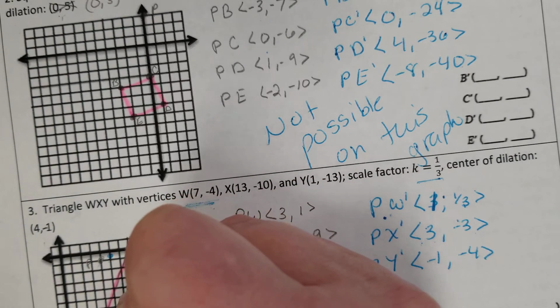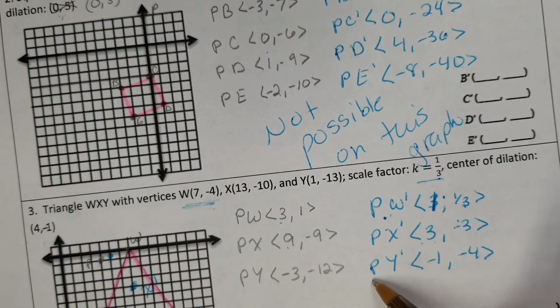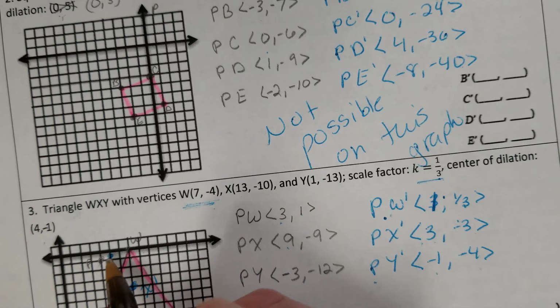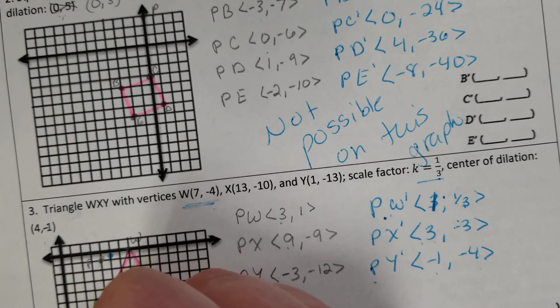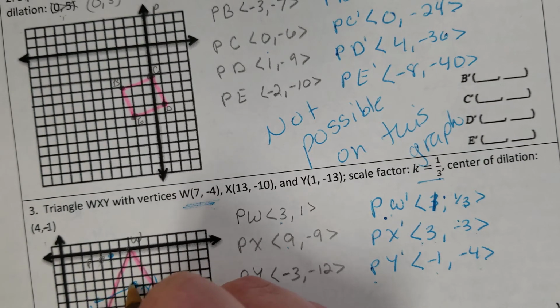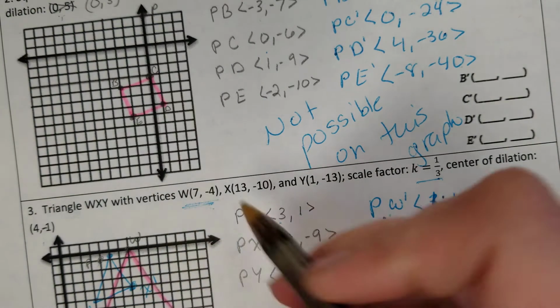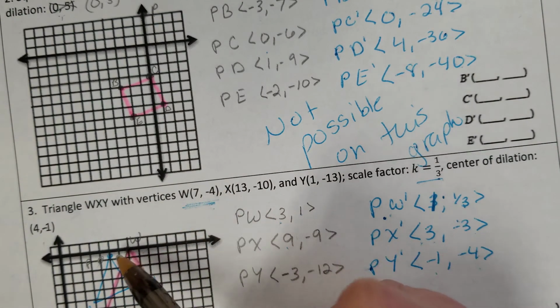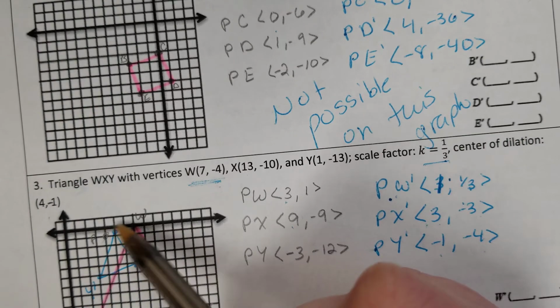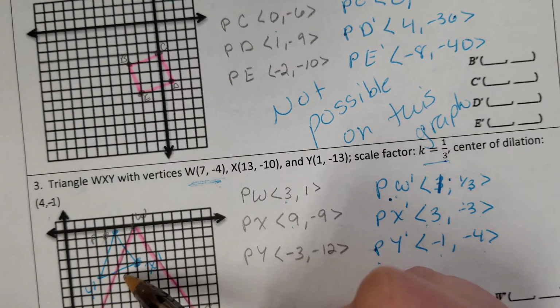And there's X prime. And then to go to Y prime, we go 1 to the left and then 4 down. And there is Y prime. And there we go. Depending on if you use the original point or the 7, 0 that I graphed, your picture may look slightly different than that.